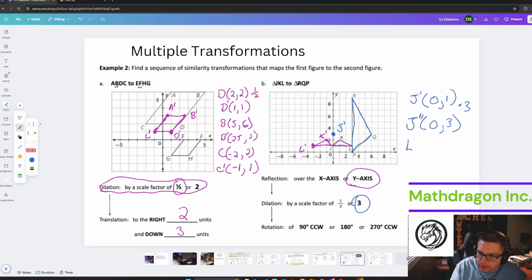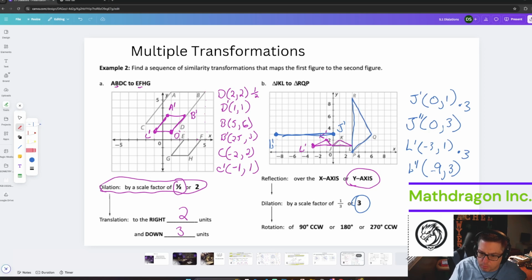Then I'm going to take L prime, which is negative 3, 1, and multiply that by 3 to get L double prime, which is negative 9, 3. So here's that figure.